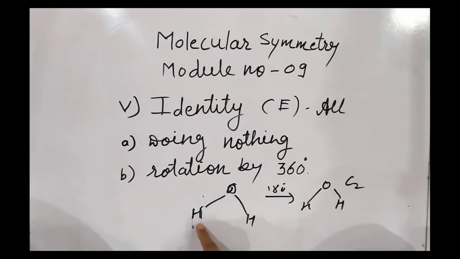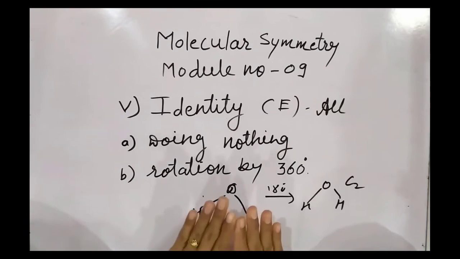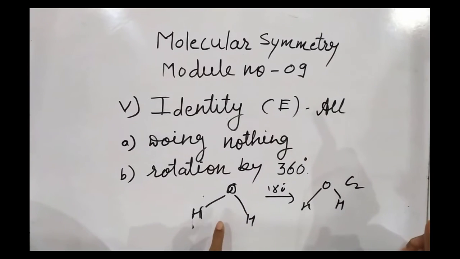If I rotate this water molecule by 180 degrees, that is called a C2 operation. But if I am not carrying out any kind of operation, I am just keeping it as it is, that is called identity. Even though I am not doing anything, it is its own identity, that is E, the next symmetry element.